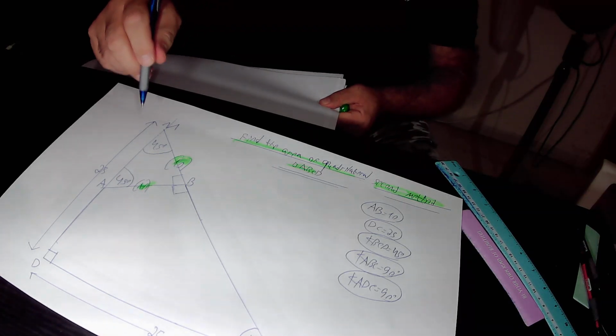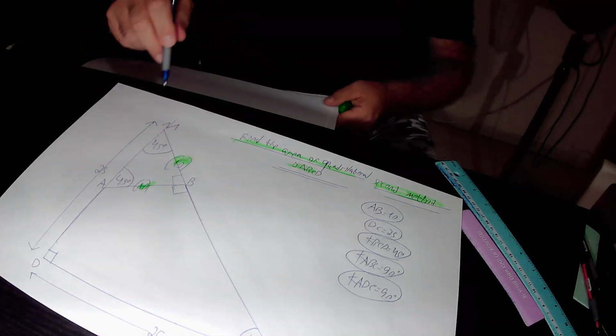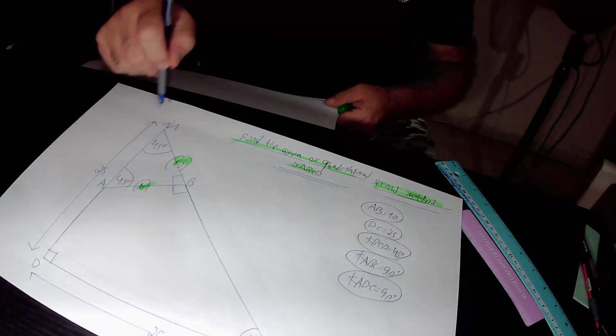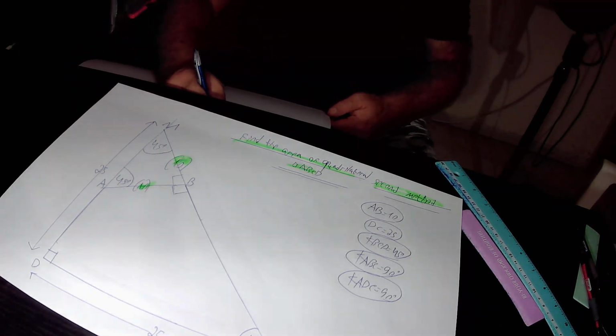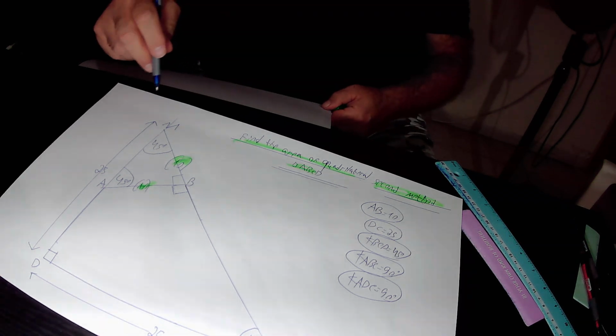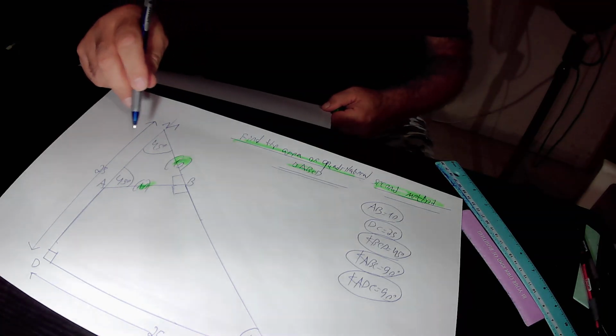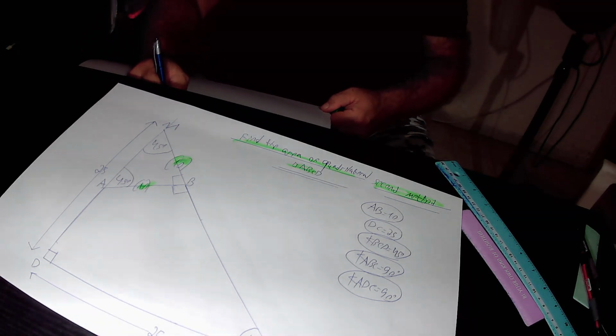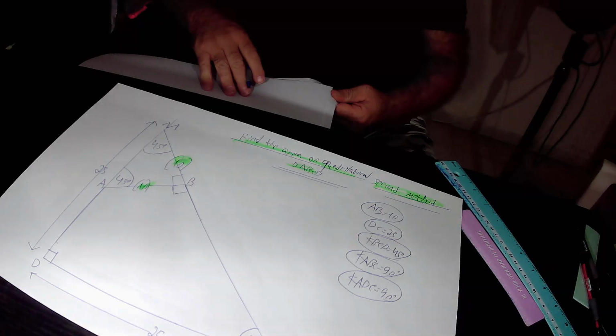Actually, the area of this quadrilateral ABCD equals the area of the big right triangle MDC minus the area of the small right triangle ABN. Repeat again.